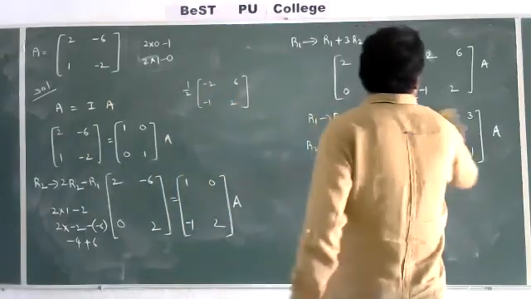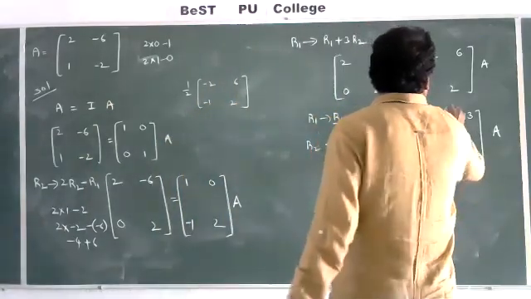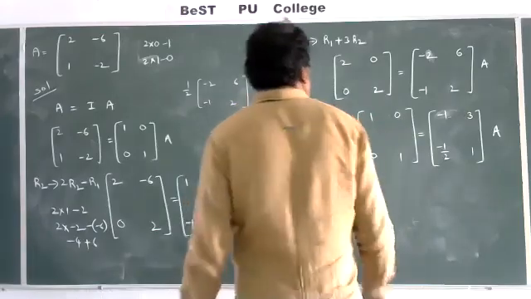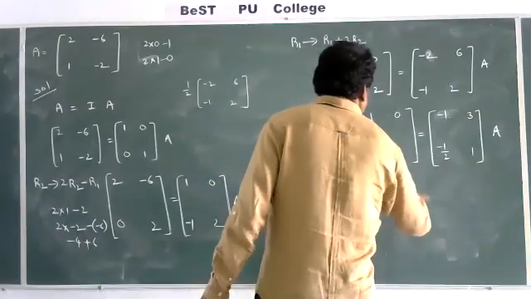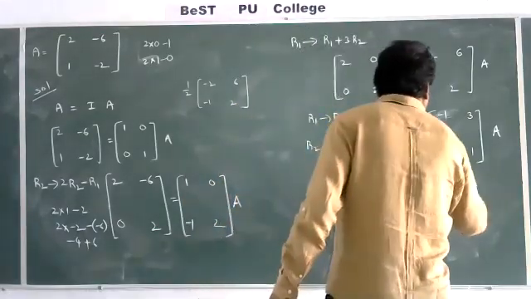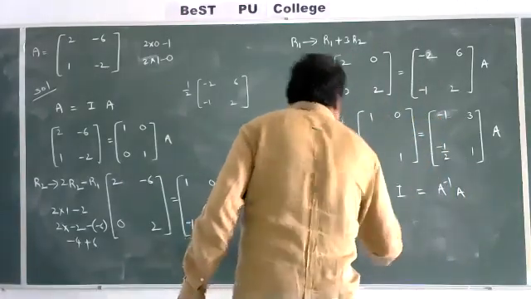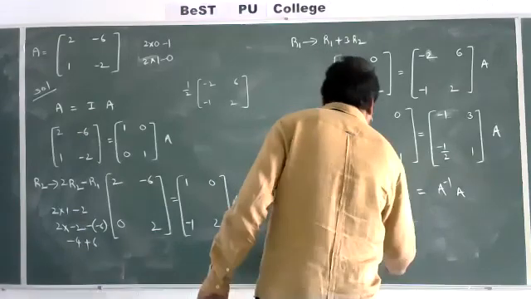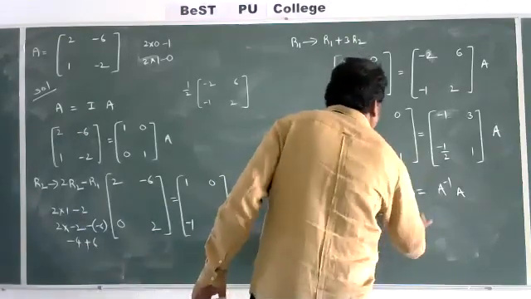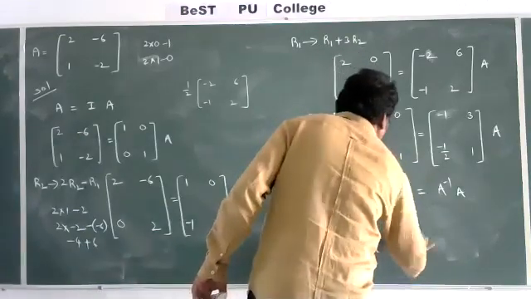Then you get minus 1 here. That is correct. So, I is equal to A inverse into A. That is, A inverse is equal to matrix minus 1, 3, minus 1 by 2, 1.